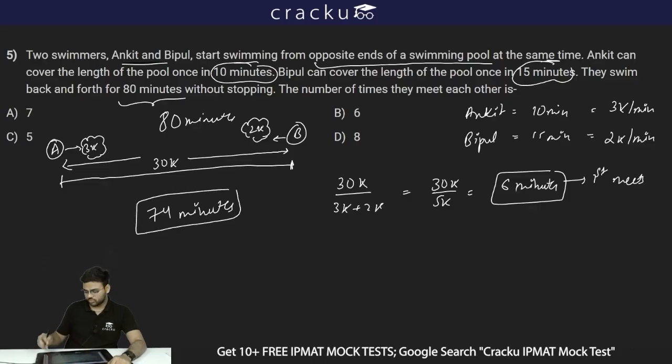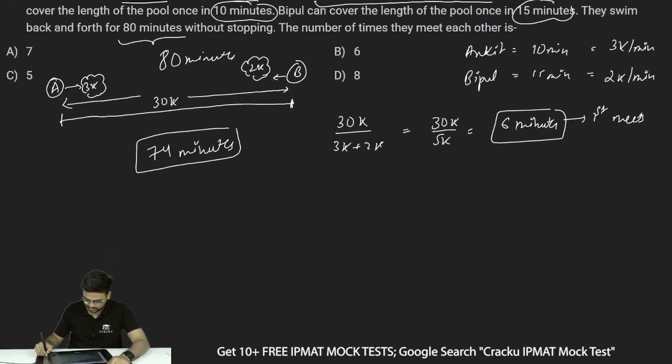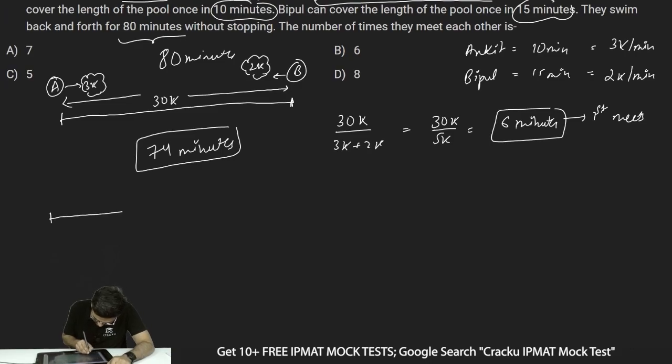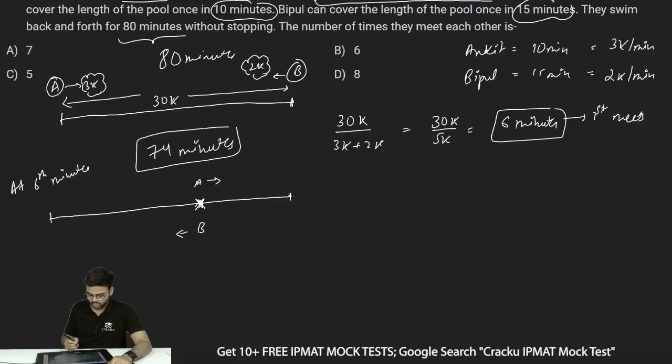Now what will be the situation at the end of the 6 minutes? Let's say this is my swimming pool, and this is the point where they have met at the 6th minute. Now Ankit is moving this side and Bipul is moving this side.